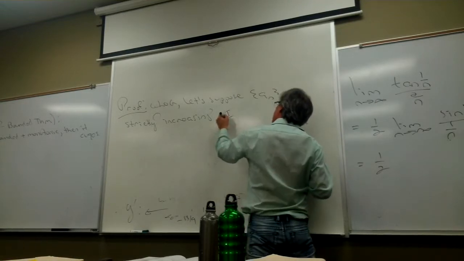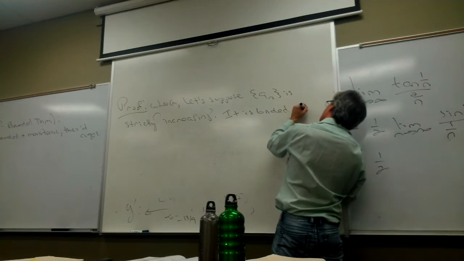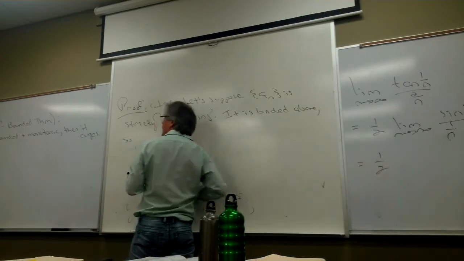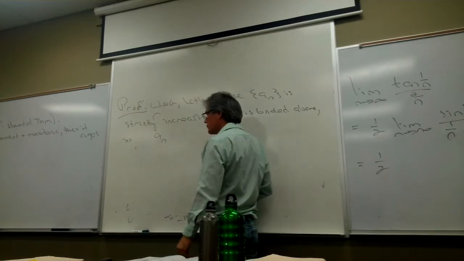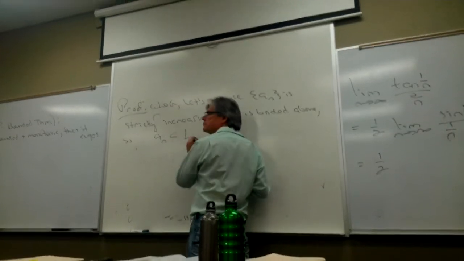It is bounded above. So I think what that really means is that no matter what little n is, a sub n is always strictly less than some limiting value, call it L.